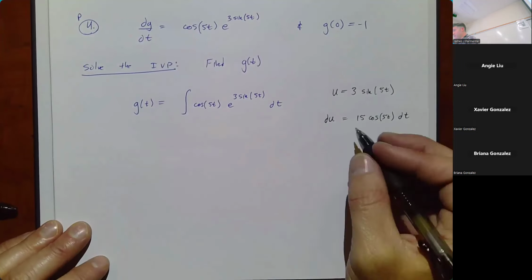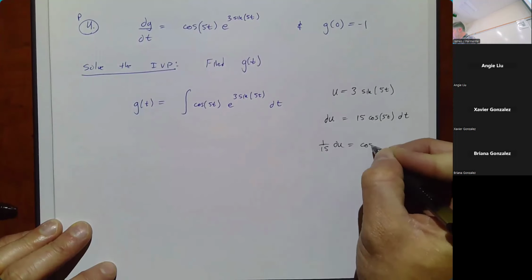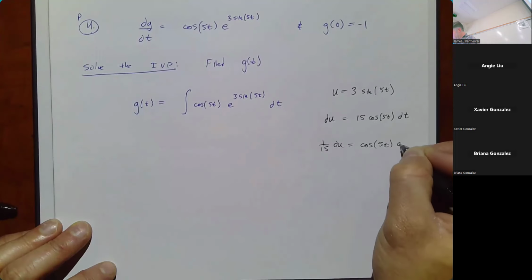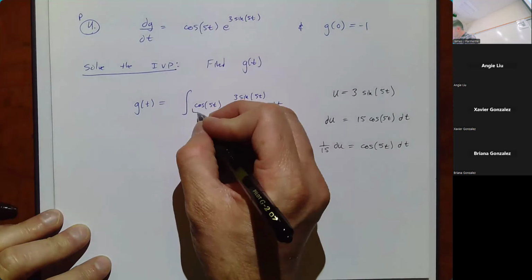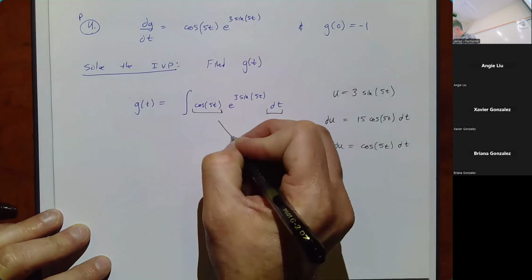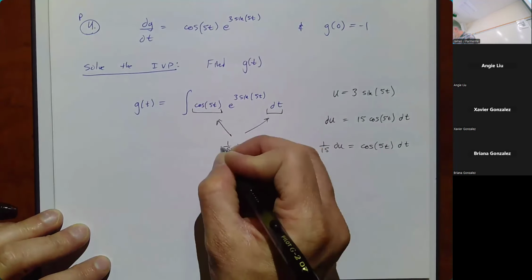We don't have the 15, so I'm going to say 1/15 du equals cosine of 5t times dt. And then instead of rewriting stuff, I'm just going to say, hey, look, that part there with that part there, that's what's going to give me my 1/15 du.